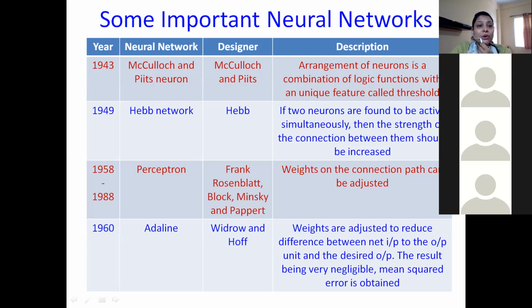In case of McCulloch and Pitts neurons, the inventors were McCulloch and Pitts. In that particular case, usually the neurons are arranged in combination of logic functions. We all know about logic functions, it is a Boolean logic function. Based on the combination of logic functions, all the neurons are arranged in this neural network.